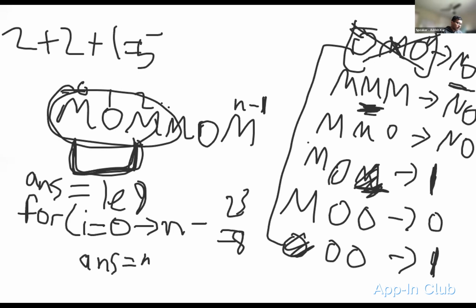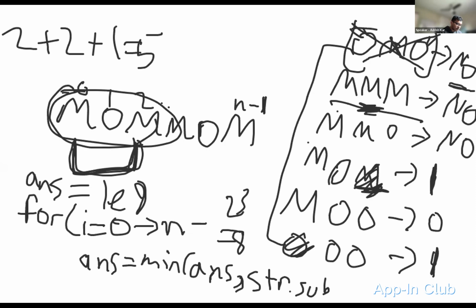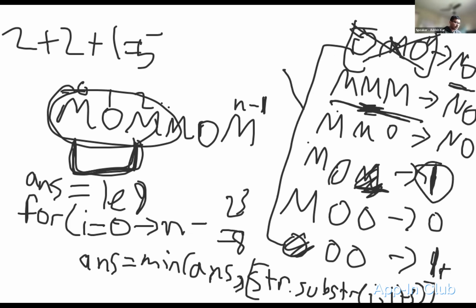Then your answer would be the minimum of the current answer and the value for whatever substring is at this position I, which you would access using the map over here.